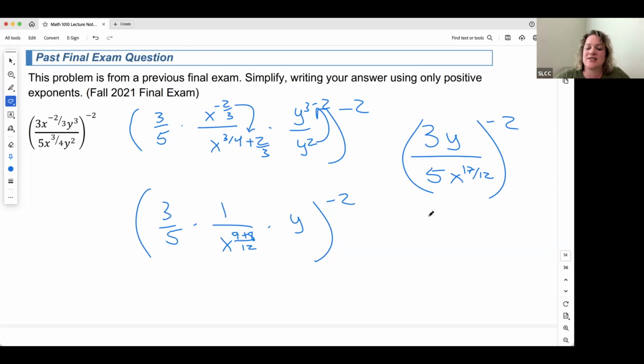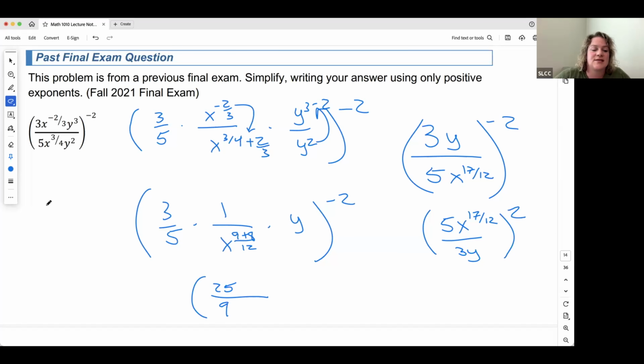All right, so first let's flip it. So first, I'll flip it to have 5x to the 17/12 divided by 3y. I didn't change anything. I just applied the negative to take the reciprocal. Now I square everything, including the 5 and the 3. So that leads to 5 squared is 25. 3 squared is 9.